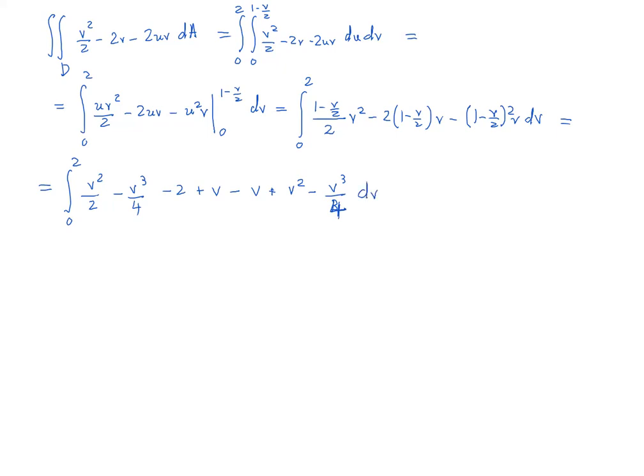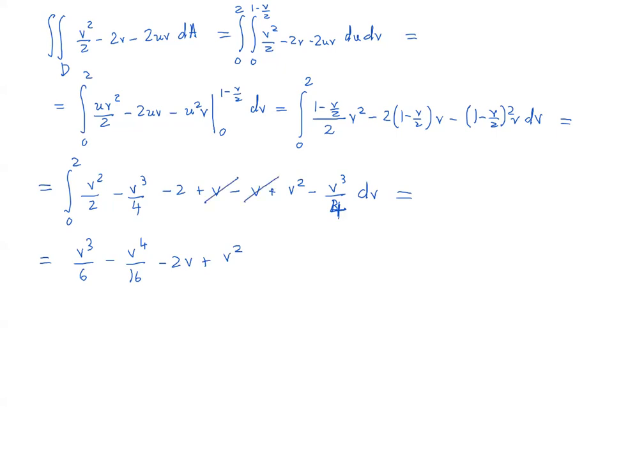Let's take the antiderivatives now. It will be v cubed over 6 minus v to the 4th over 16 minus 2v plus v squared. Actually, this thing cancels with that, so we don't need it.